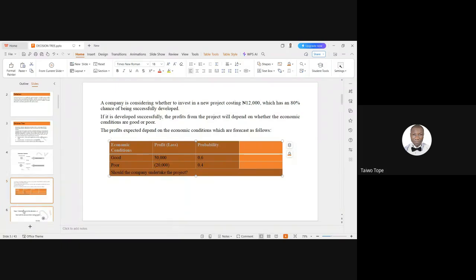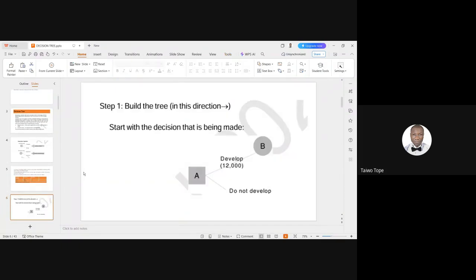The first step is to come up with our decision point, which is A. When we plan to invest, it can either be to develop or not to develop. If you do not develop, you won't put in any capital.